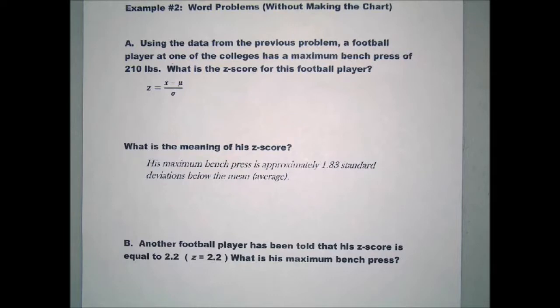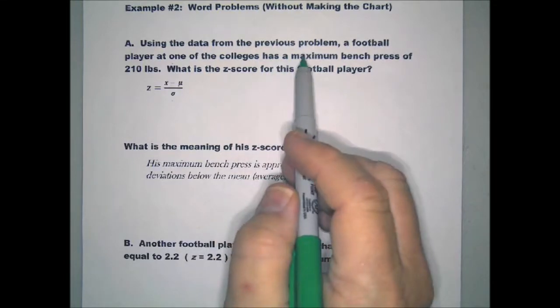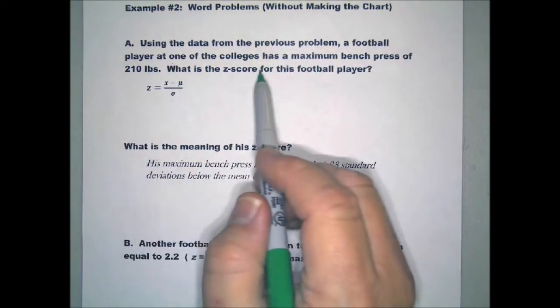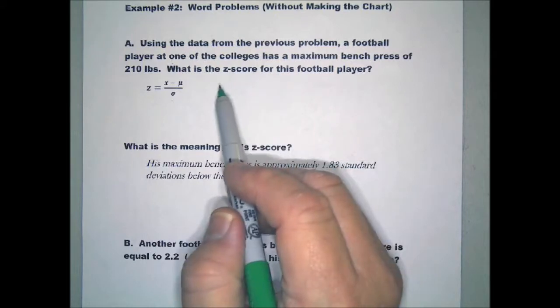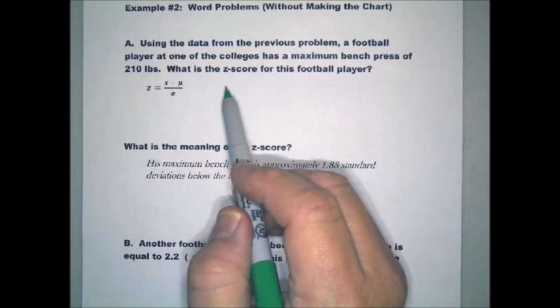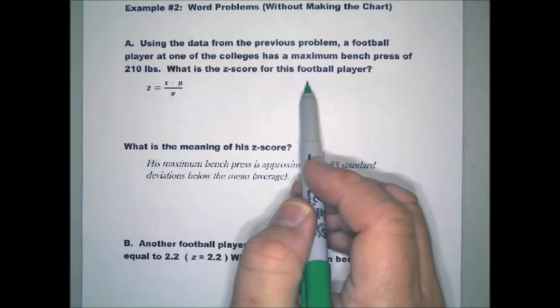My last couple of examples for Objective 4 are word problems which just don't really require a chart. You just need to know the data. I am going to continue with the previous problem. A football player at one of the colleges has a maximum bench press of 210 pounds. What is the z-score for this football player?